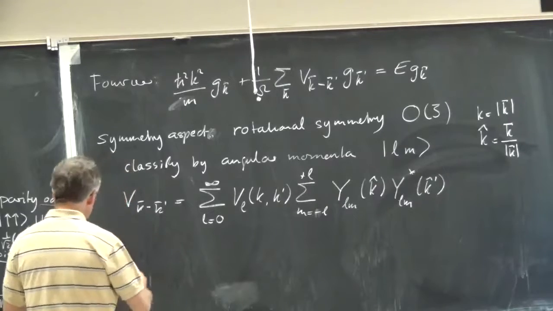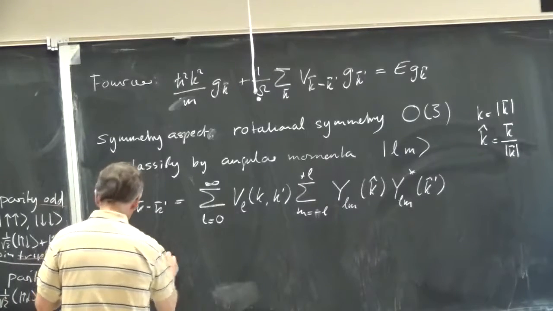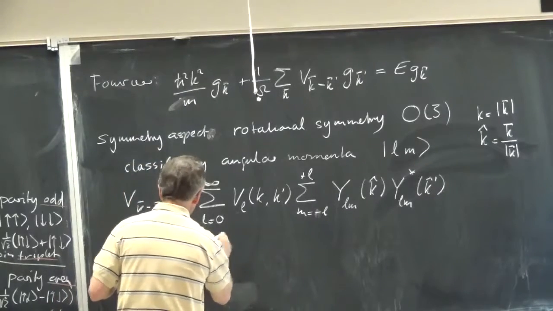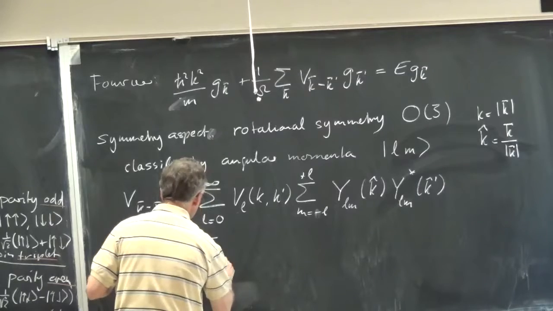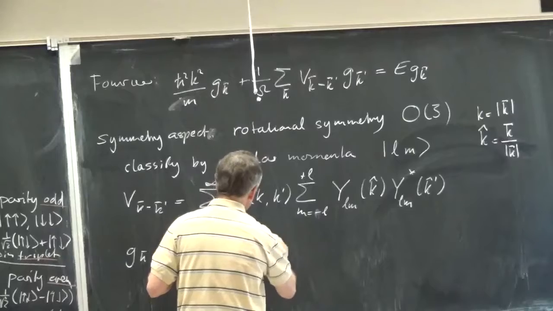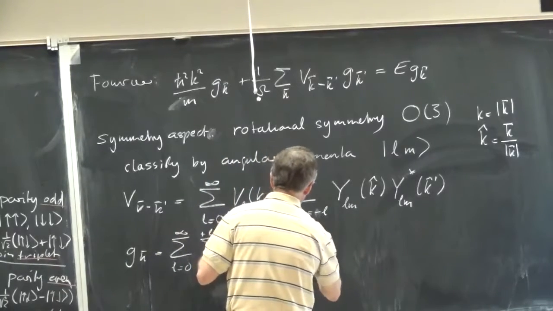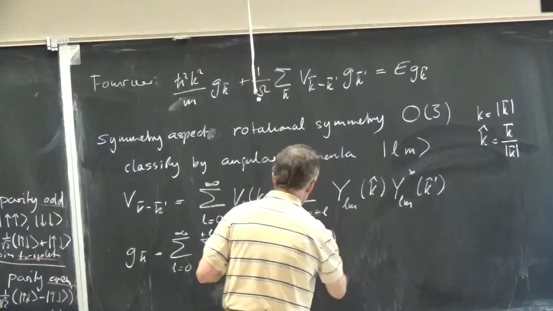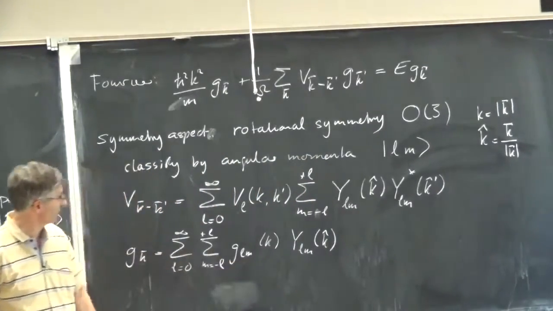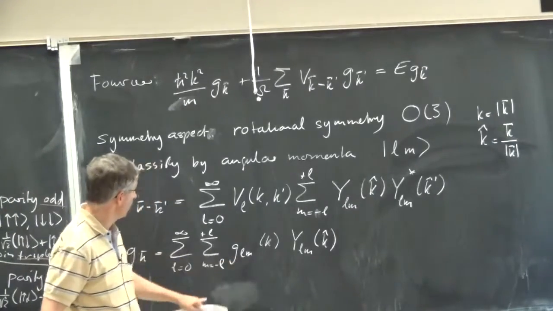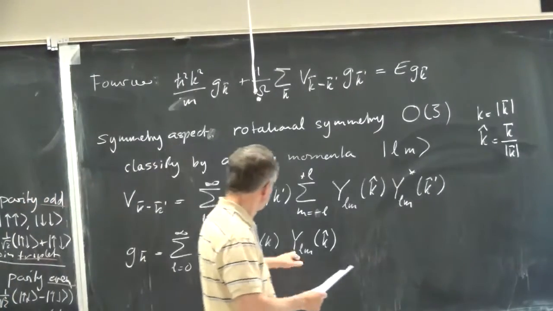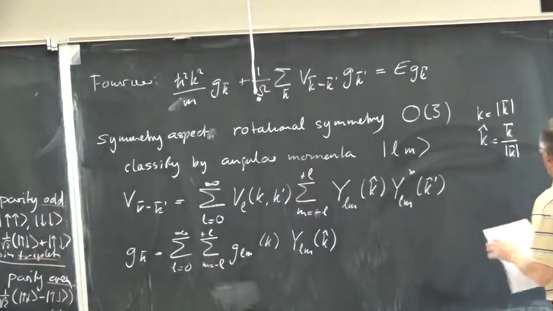And then I can write the wave function also in such a form. Again, L from 0 to infinity, sum over m, so minus L to plus L, G_Lm of k, Y_Lm. So this is a superposition of states with given angular momentum quantum numbers, represented by the spherical harmonic.